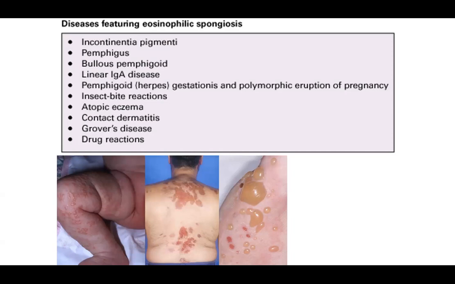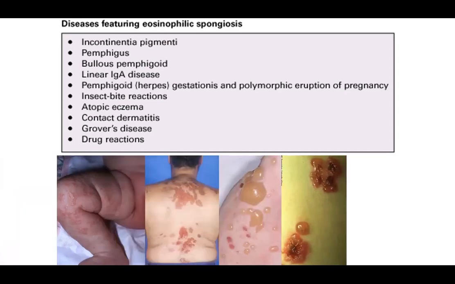The other entity we can discuss is linear IgA bullous disease, where you have this kind of beaded round appearance around the vesicles, caused by linear IgA deposition in the basement membrane. The actual antigen for both bullous pemphigoid and linear IgA is the same.